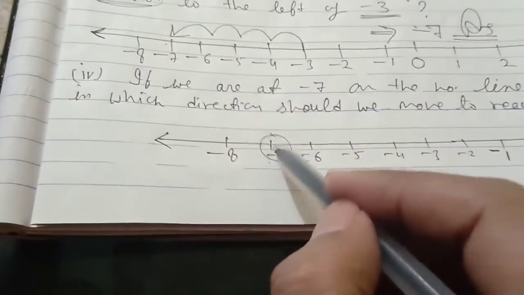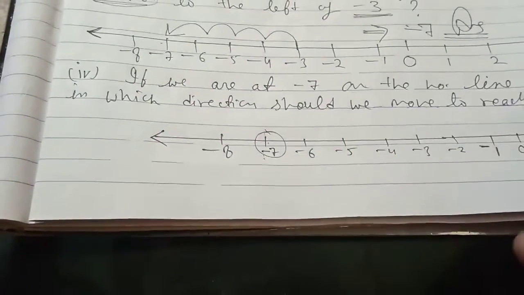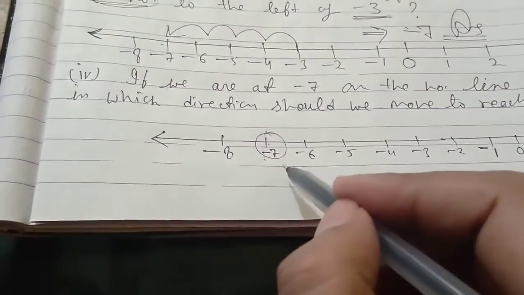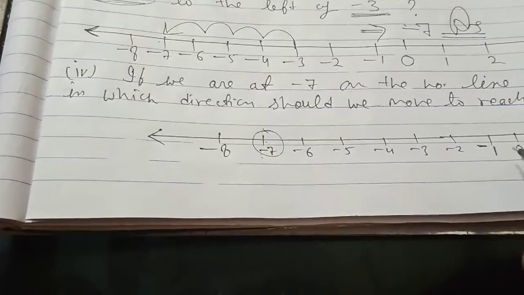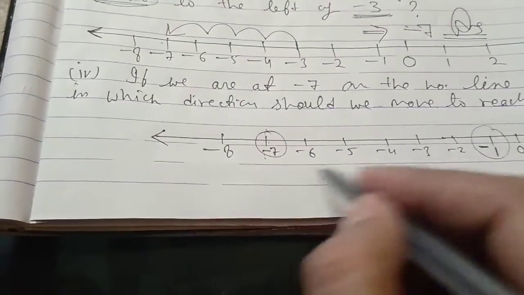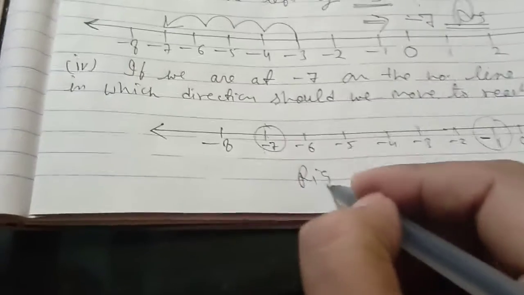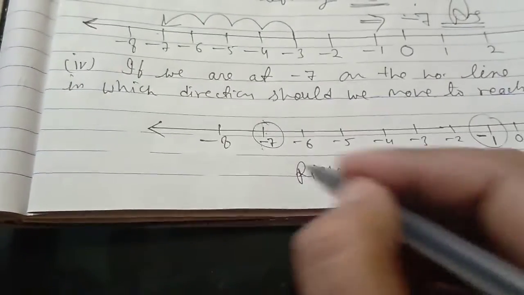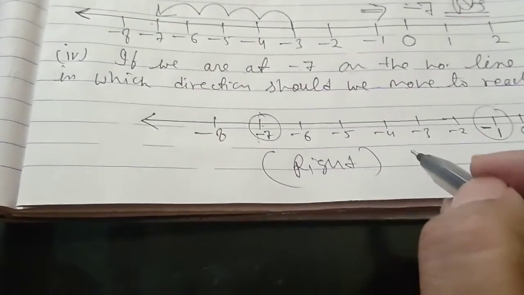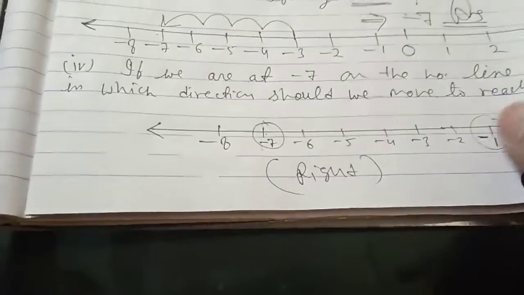If we are at -7, this is our position on the number line. In which direction should we move to reach -1? This is the right-hand side, so the answer is right.